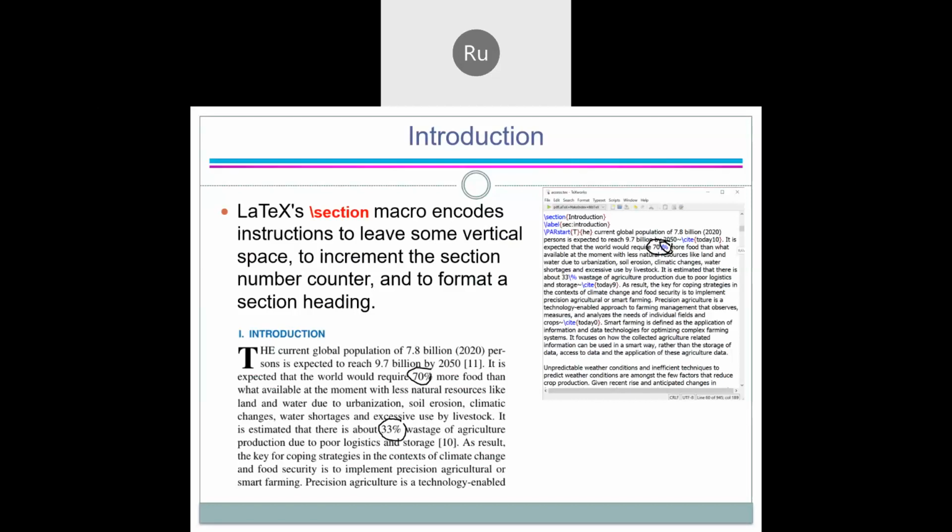If you still remember, in C++ they use slash slash for comments, and in C they use the slash-star comment. So this is LaTeX, one of the tools used for scientific formatting.